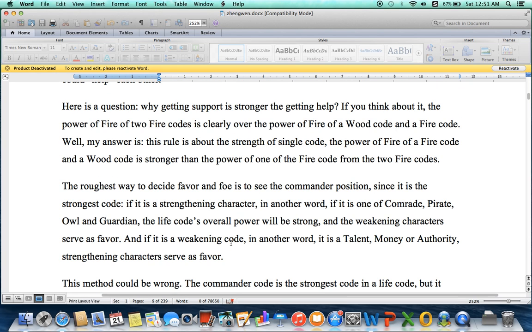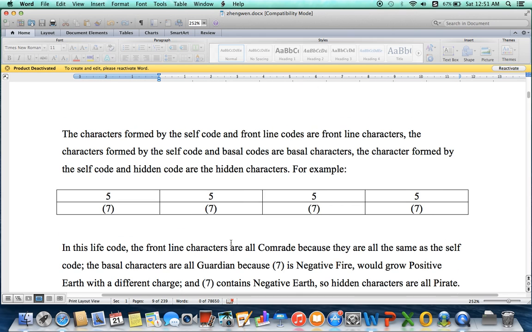Then you can calculate the power of each element, and once you have the exact power of each element, you can do the calculation to find out the strengthening force, the strength and shield, and the self code. If the strengthening element is stronger or the weakening element is stronger.